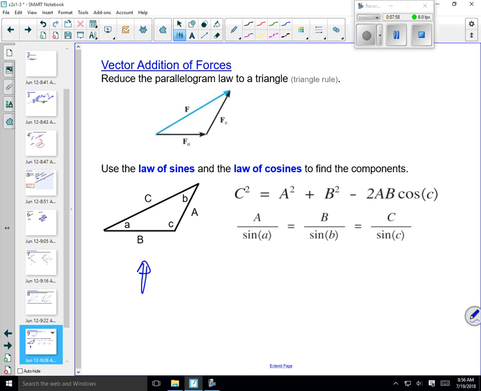It just says C squared is equal to A squared plus B squared minus 2AB cosine of c. You notice that for the length I'm solving for, C squared, the cosine I'm taking is of the lowercase c. Capital C is opposite lowercase c. These always go opposite.